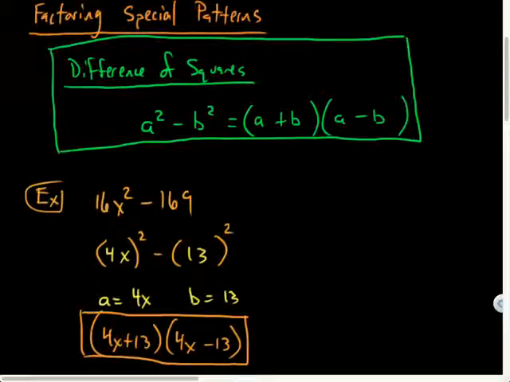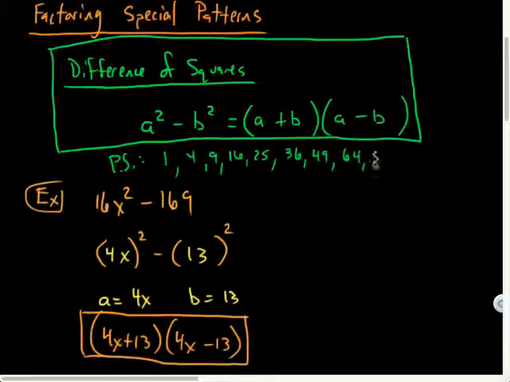What do I mean by perfect squares? Here's the list of perfect squares. 1 is a perfect square. 2 squared is 4. 3 squared is 9. 4 squared is 16. 25. 36. 49. 64. 81. 100. 121. 144, etc. There's infinitely many of them, but chances are the ones we're working with are small.